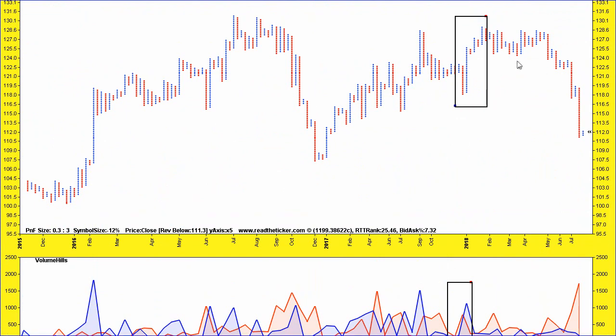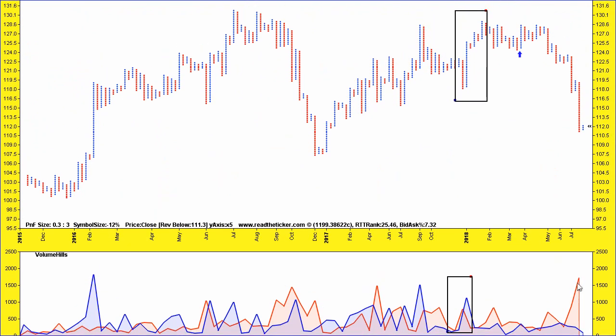This point here, and we hoped, if you're bullish, that the supply down here would be overcome by stronger demand. But unfortunately, as you can see by the volume hills, the blue volume hills never really got greater than the red volume hills, which means supply was dominant in this pattern here.